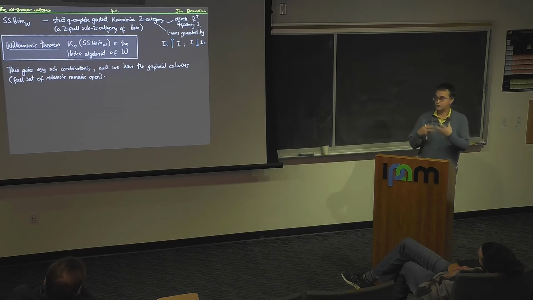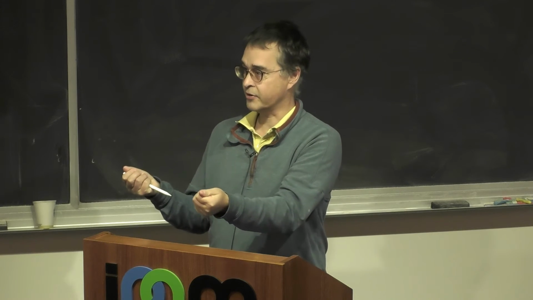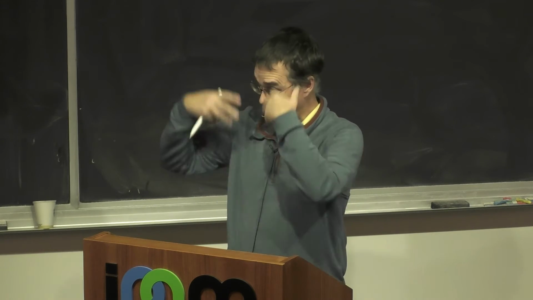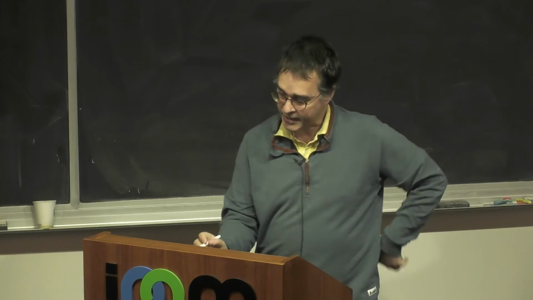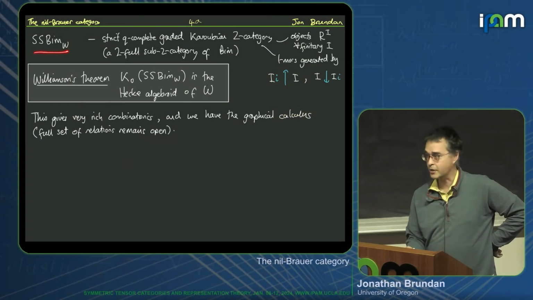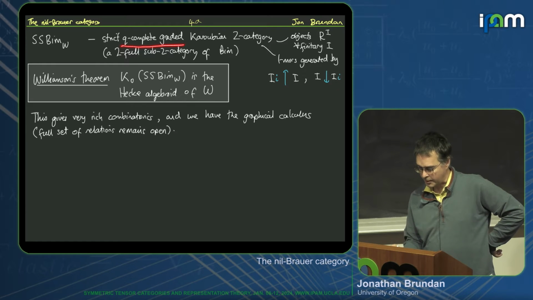For me, K0 means I'm passing to the graded Karoubi envelope, so I'm closing up under this. Well, it's already built in for singular Soergel bimodules. But I mean, take these bimodules and then close up so that it's q-complete, graded, and Karoubian.